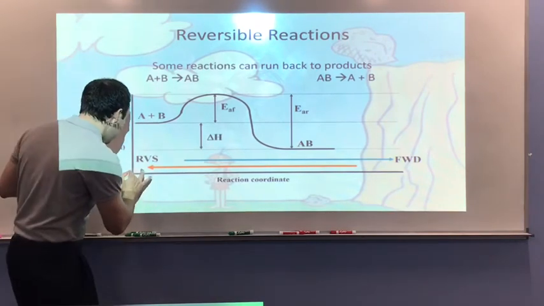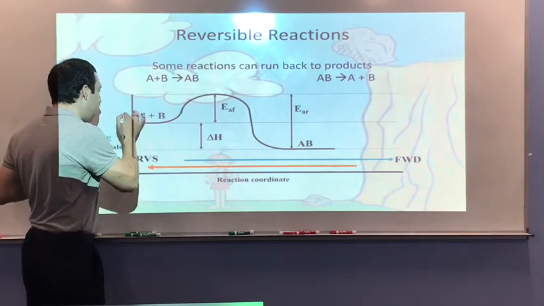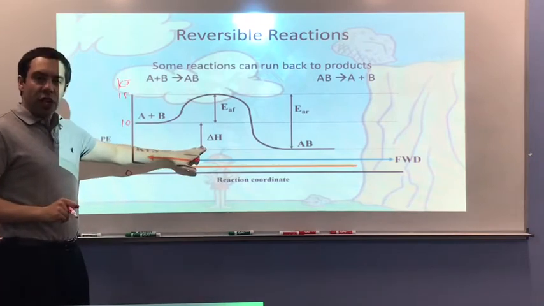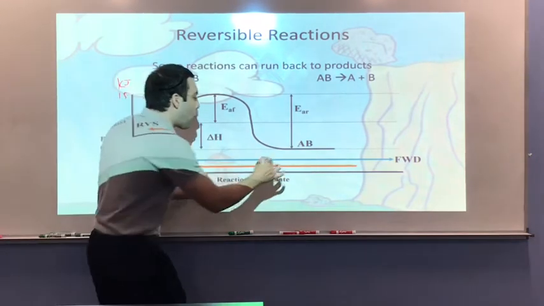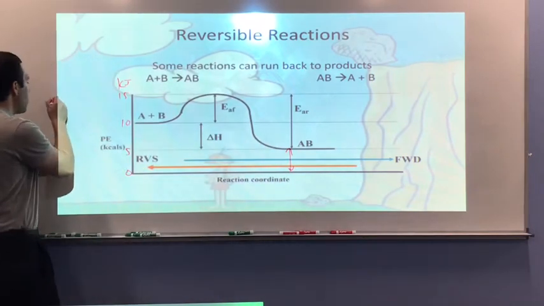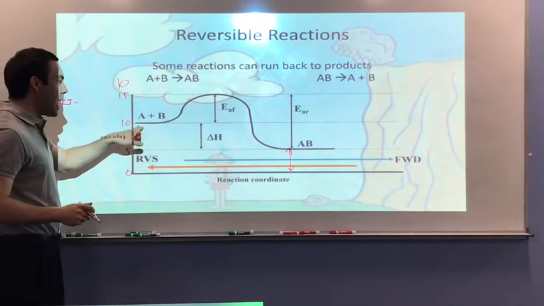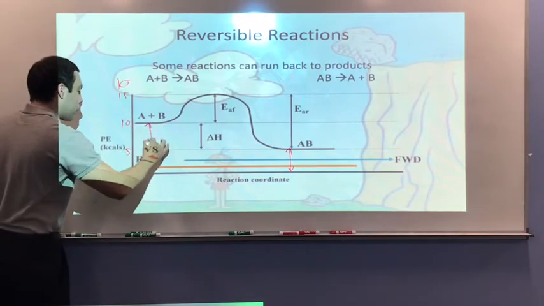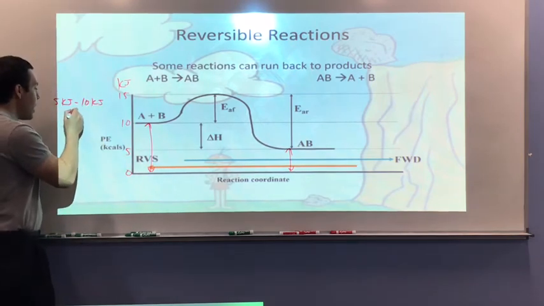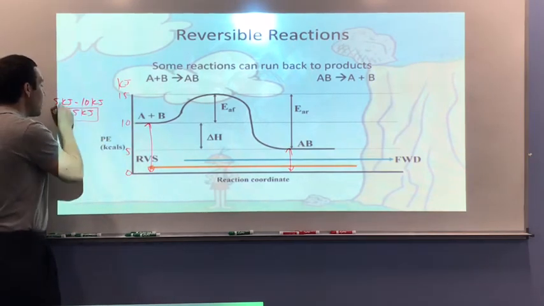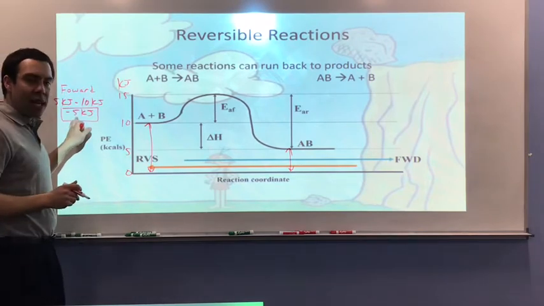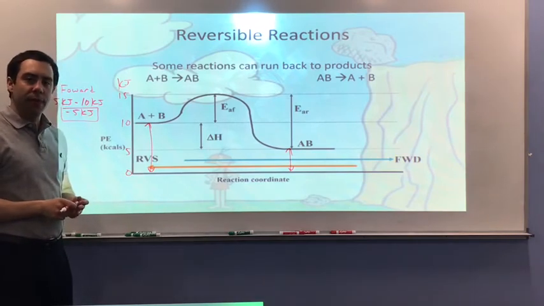If we were to put random numbers again, 0, 5, 10, 15, all in kilojoules, we do the delta H for the forward reaction: products, which is 5 kilojoules, minus reactants, which is 10 kilojoules. 5 minus 10 is negative 5 kilojoules. That's our forward reaction. And it's negative, which means it's exothermic, as we said before.